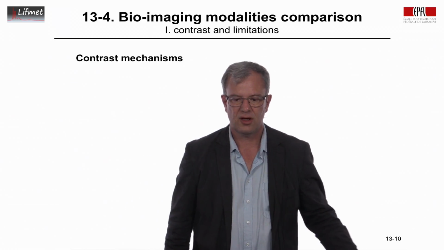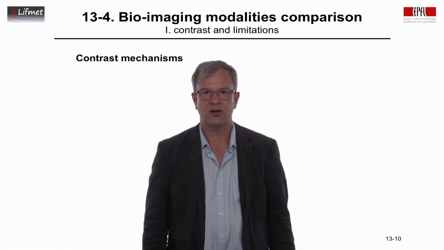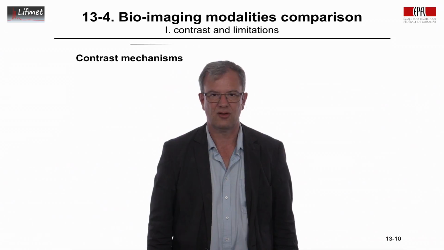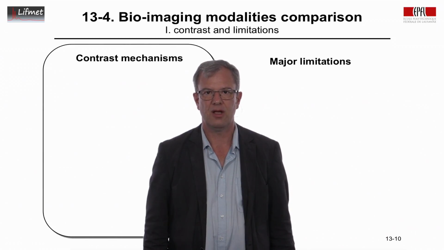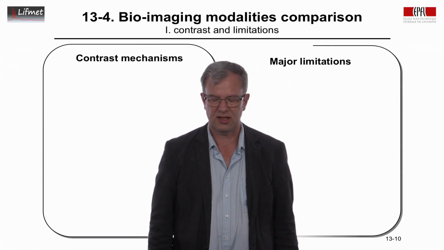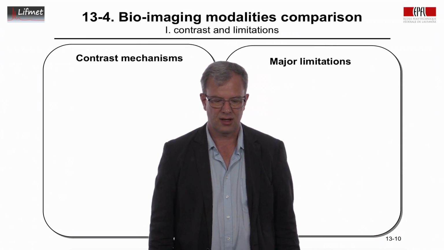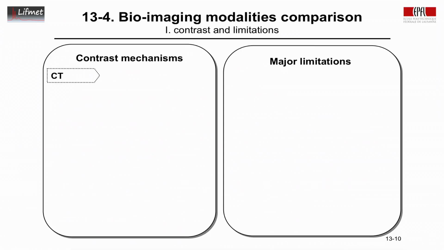So I want to first discuss here the contrast mechanisms and limitations. On the left we'll have the contrast mechanisms, and on the right the major limitations for each technique. Computed tomography or X-ray primarily has as a contrast mechanism the electron density and the effective atomic number Z. What are its limitations?